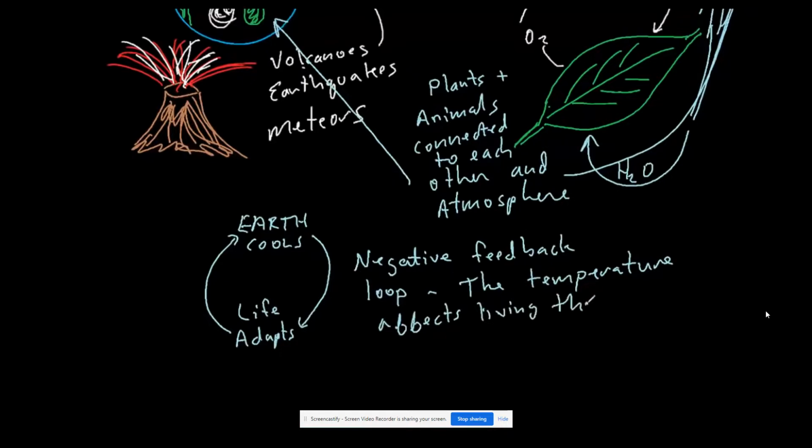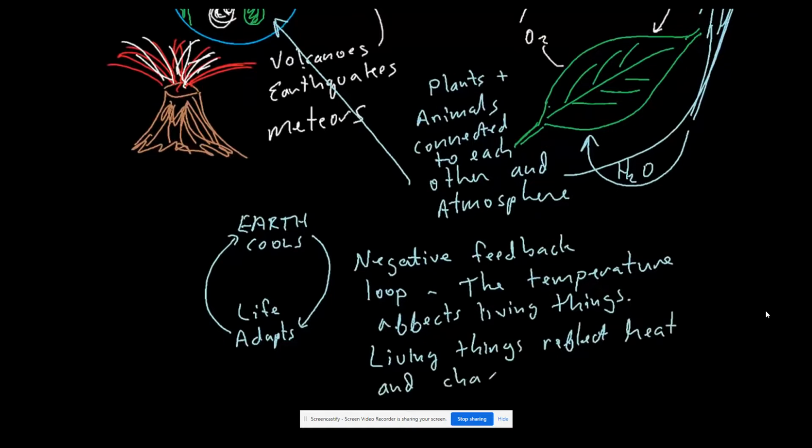So we have this feedback loop. The temperature rises, which changes the kind of life on the planet, which then might lower the temperature slightly, just like shutting off the heat on a home furnace with a thermostat as the temperature rises. This allows the planet to maintain a narrow temperature range that supports life.